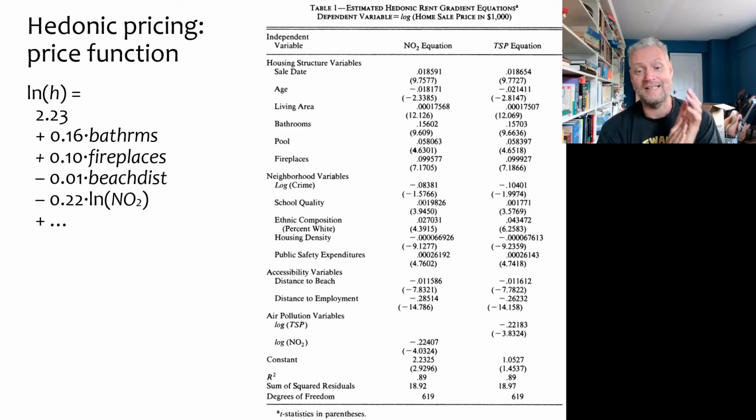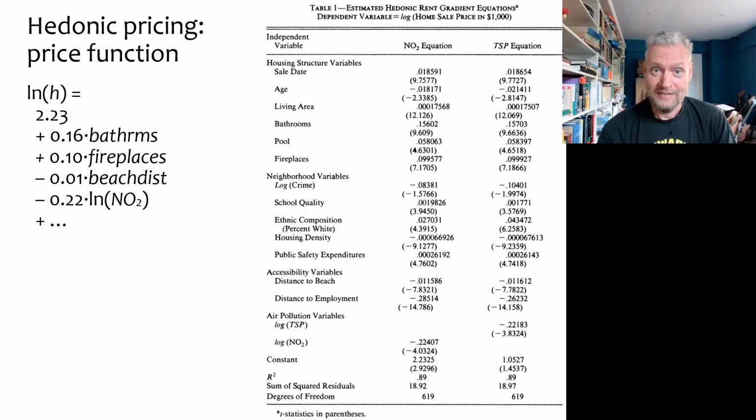So a 1% increase in the concentration of nitrogen dioxide reduces the house price by 22%. Right? This is what this equation is telling you, and it's also highly significant, right? So yes, environmental quality matters, and it matters in this case quite a lot.